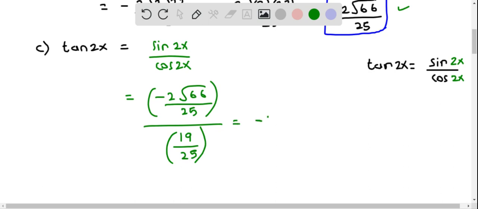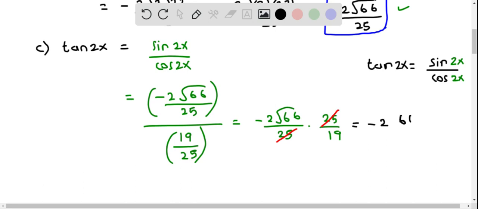I put the numerator fraction as it is, negative 2 root 66 over 25, and then multiply with the reciprocal of the denominator fraction, that is 25 over 19. So these two 25s get cancelled, and we are left with negative 2 root 66 over 19. And so this is the exact value of tangent 2x.